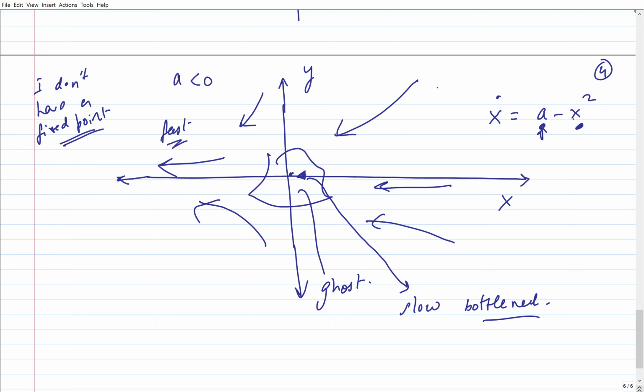It's easy to see for a equals 0. I'll have x dot equal to minus x squared, and as x goes to 0, I'll have a real slowing down of x dot. The trajectory is going to be really slow out here. Is it easy to see for a less than 0? Okay, you guys think for yourself.